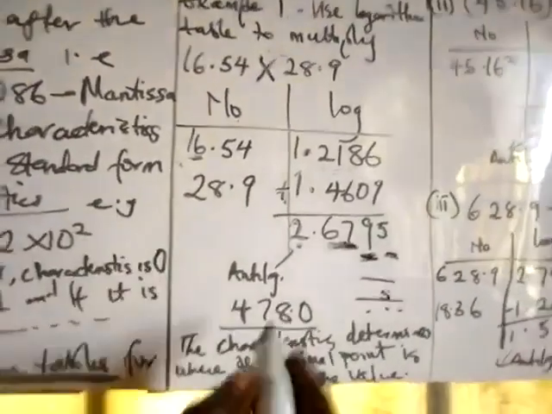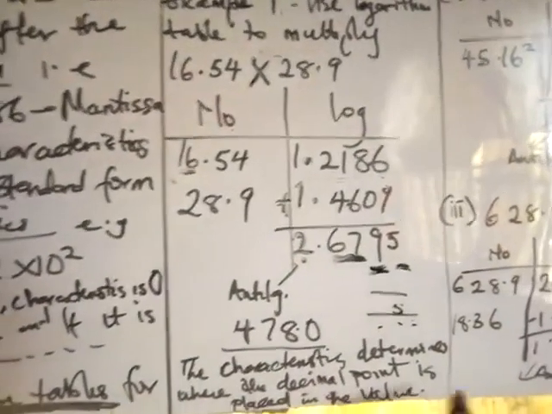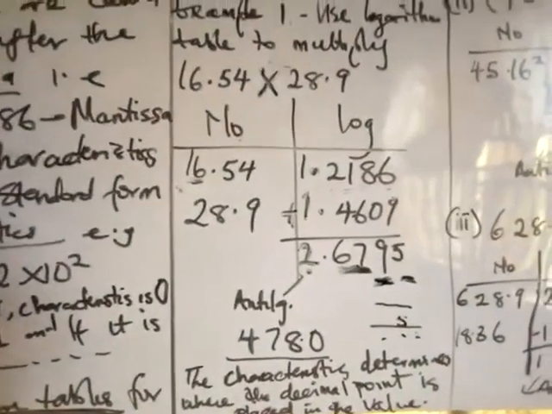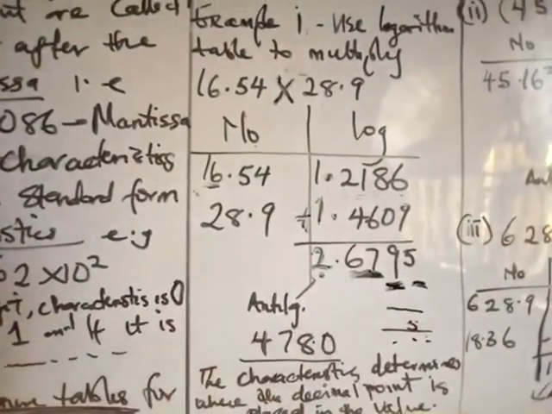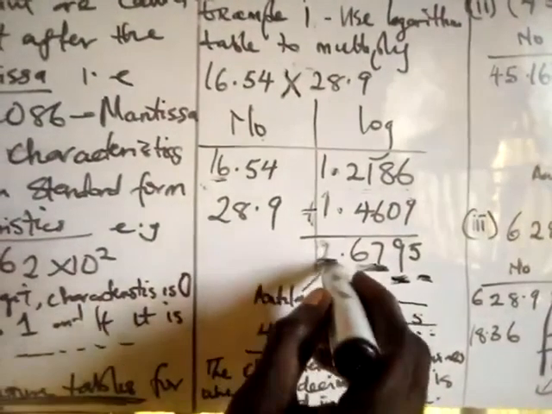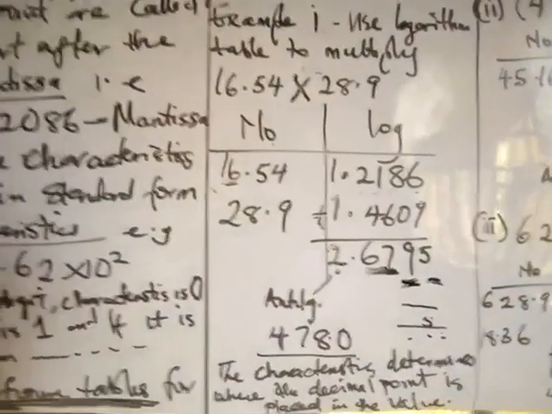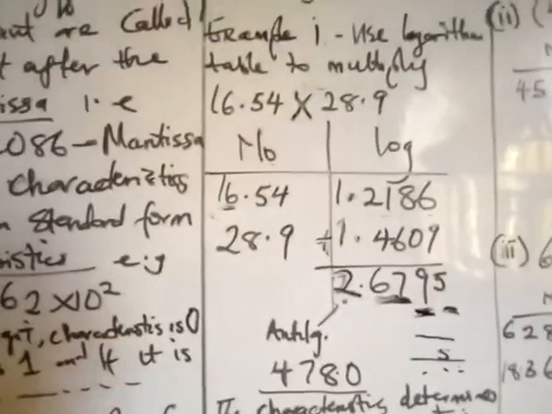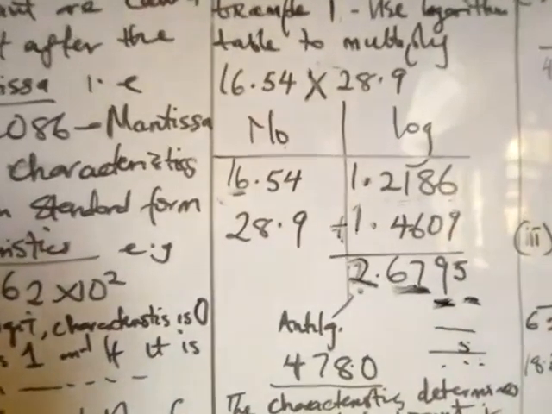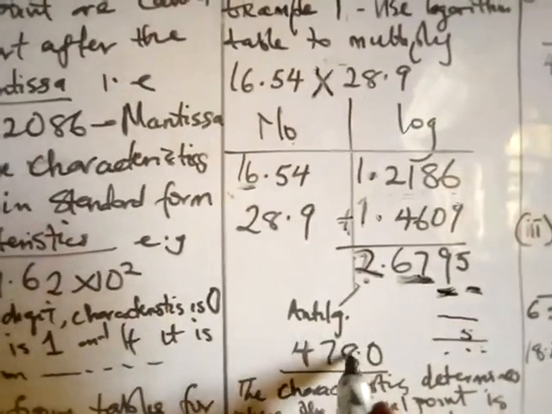So now the characteristic determines where the decimal point is placed in the value. Whatever value you now get from the antilog table, the characteristic, which is 2 here, will determine the position of the decimal point. If you have 2 as your characteristic, that means we have a decimal point after the third digit: 1, 2, 3, dot.